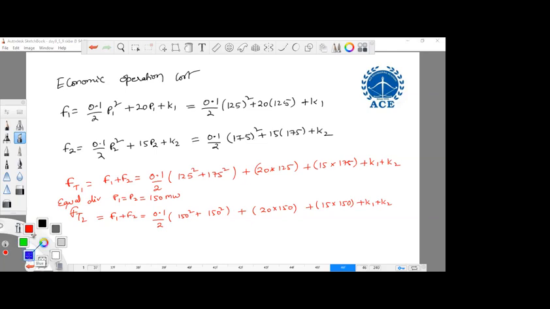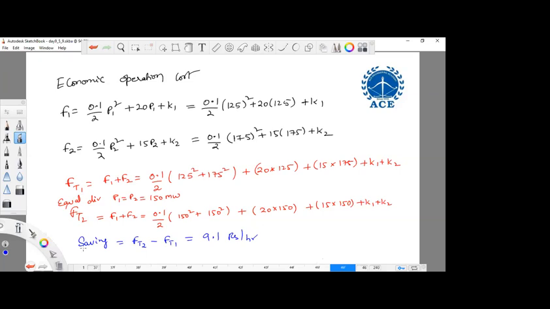Now, what is the saving in cost? He is asking to calculate the saving. How do you calculate it? FT2 minus FT1. If you find the difference of this, you will get the saving in cost. That is, you will get 9.1 rupees per hour. But he is asking per annum.